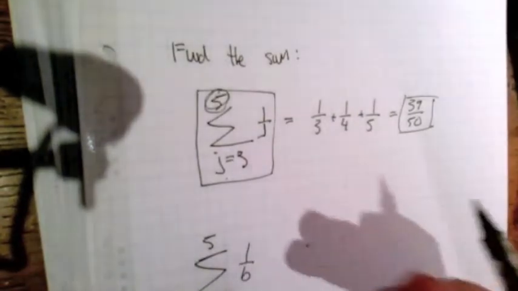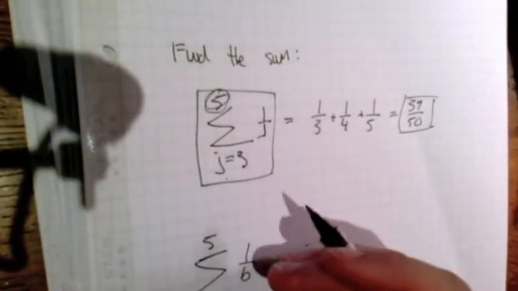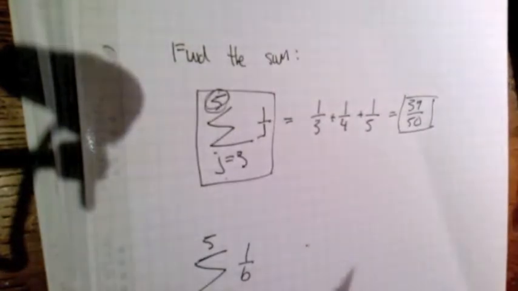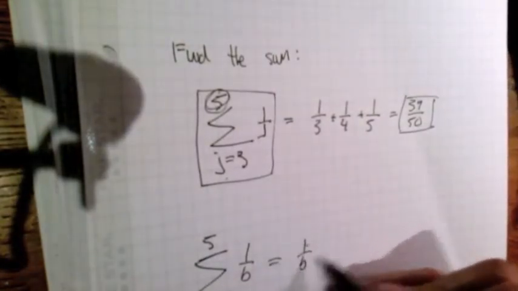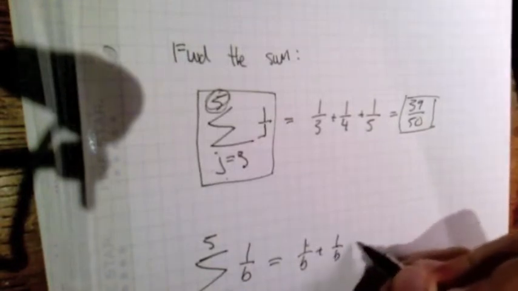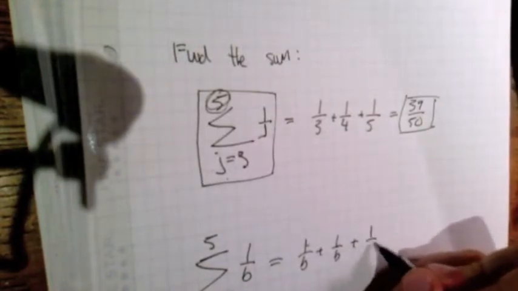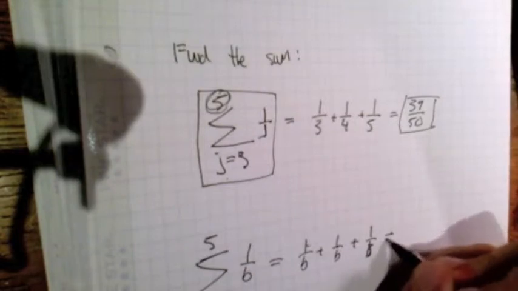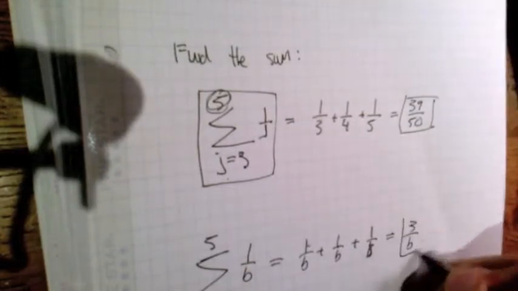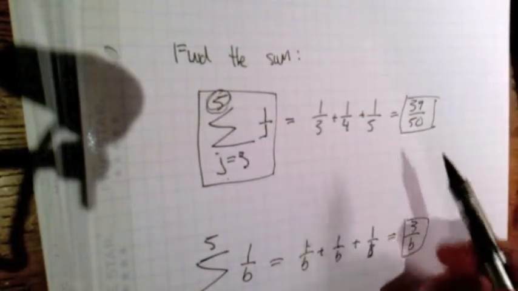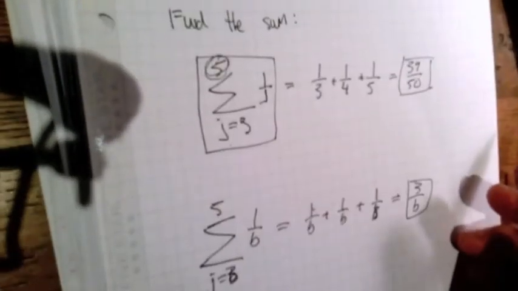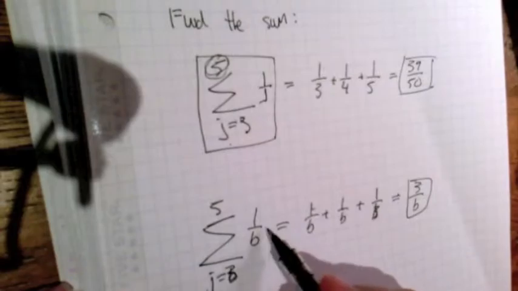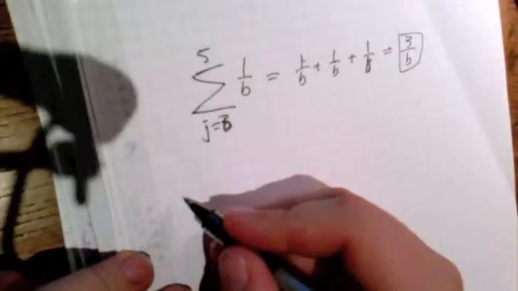So since it's b, it's just going to be over the first 5 terms, starting at the third term, just like here, except it's going to be 1 over b plus 1 over b plus 1 over b, which equals 3 over b. So that one's a little easier because we don't have to add fractions, because it's just over b every time, because we can't use a 3 because the rule is 1 over b.